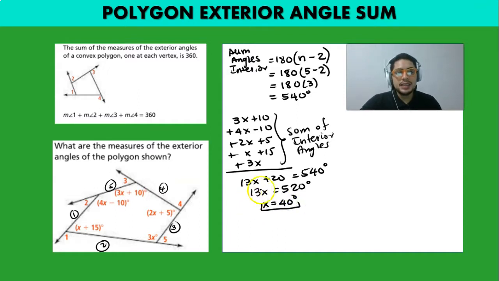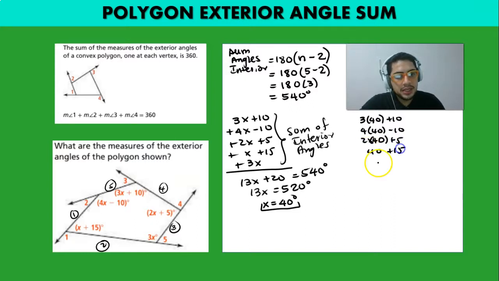And then we can get the value of each one inside the angle. So we know that 3 times 40 plus 10, 4 times 40 minus 10, we have 2 times 40 plus 5, we have 40 plus 15, and we have 3 times 40, right?